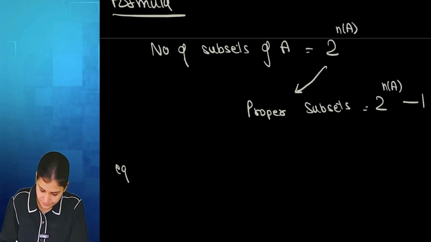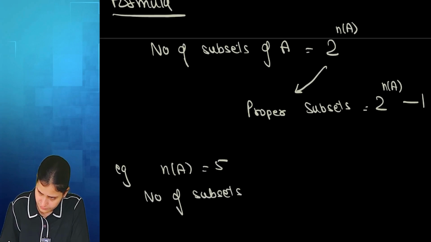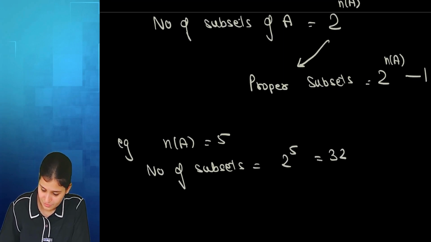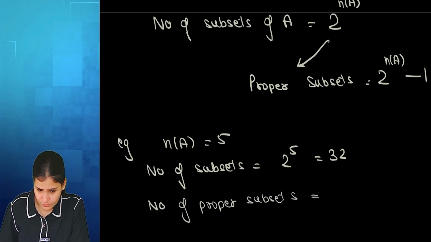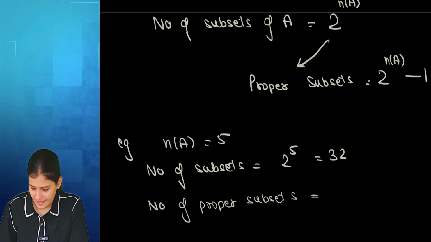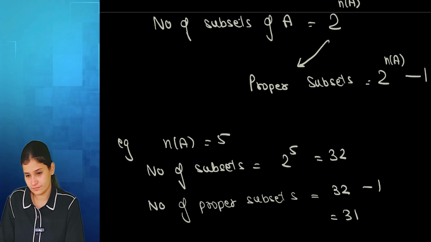For example, if the cardinality of a set is 5, how many subsets will it have? 2 power 5, 32. How many proper subsets will it have? 31. Everyone except 1. Remove 1. Understood?